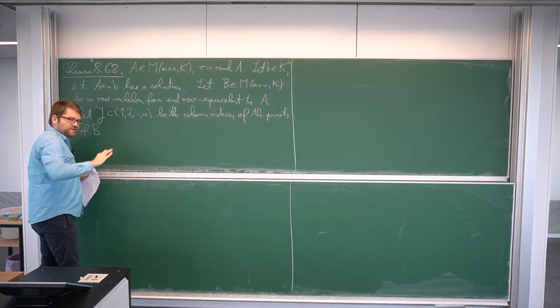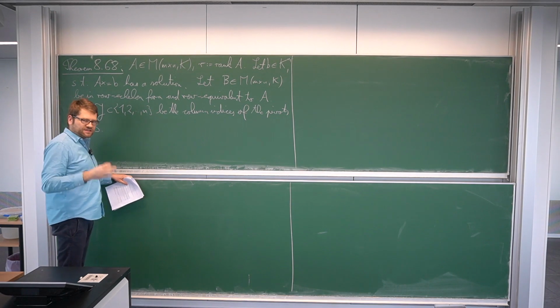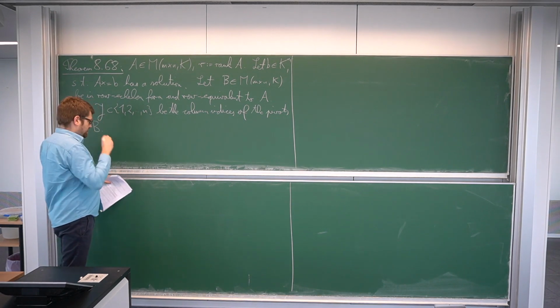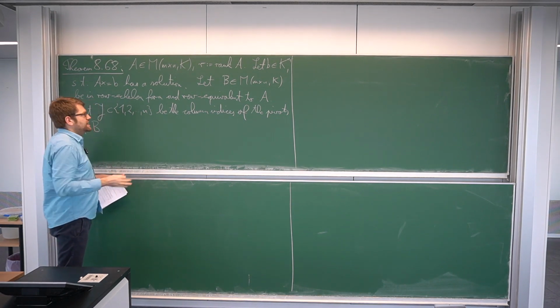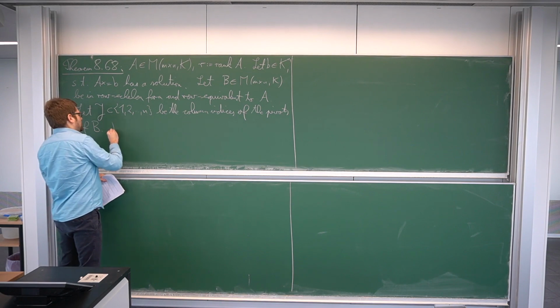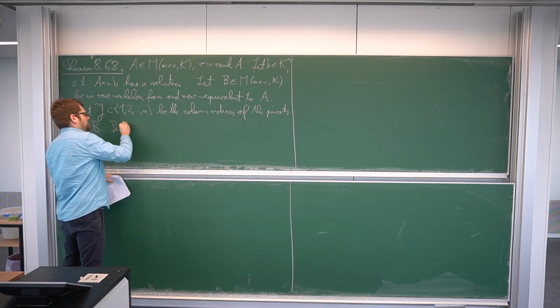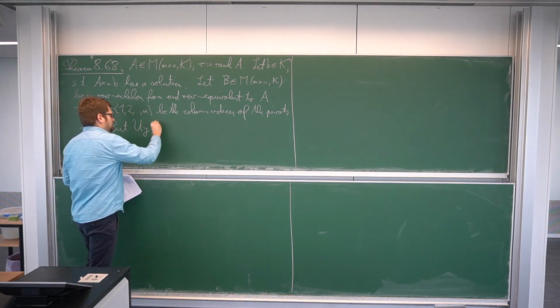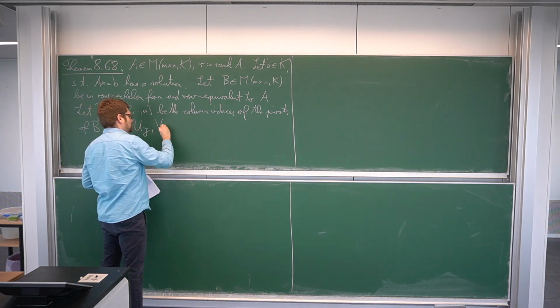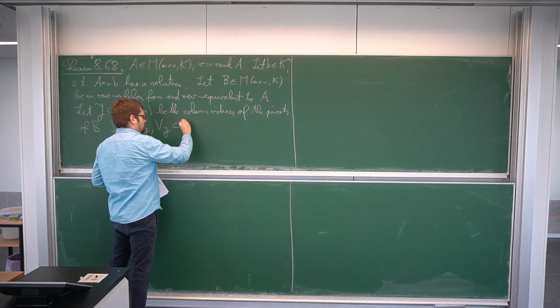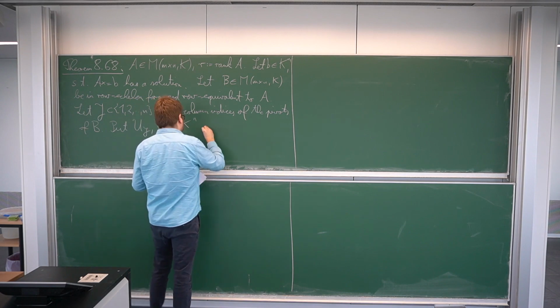Okay, still the preliminaries, and now we need the same linear subspace that we needed in the proof of the previous theorem, and one subspace more. Namely, we have U_J and V_J, subsets of k to the n.